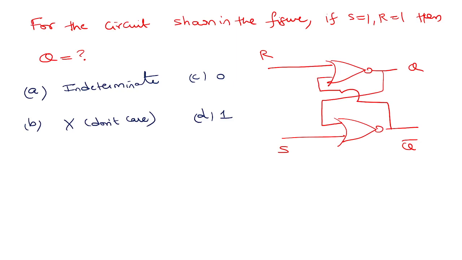Answer this question. For the circuit shown in the figure, if S equal to 1, R equal to 1, then Q is going to be. And we know this is a NOR gate, right? Let me know your answers.